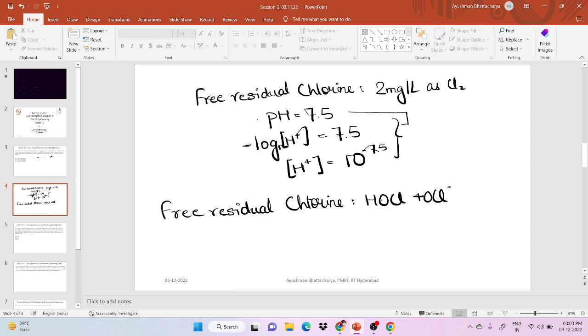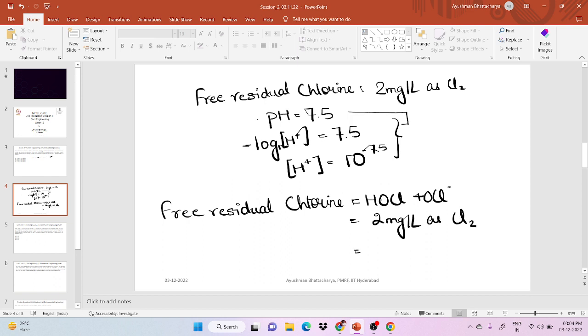The combination of both we consider as free residual chlorine. So HOCl plus OCl minus is the free residual chlorine, which is equal to 2 milligram per liter as Cl2.